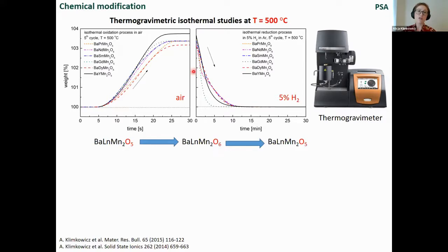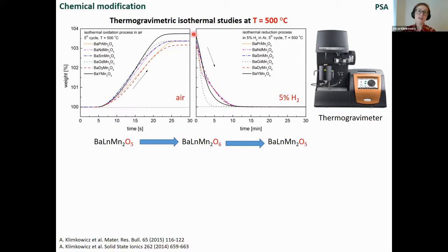And then if we want to reverse this, we need to change the gas into reducing conditions. In this case, it's 5% hydrogen in argon, but it can also be different gases as long as they are reducing. In argon, it will also occur, but it will be very slow.